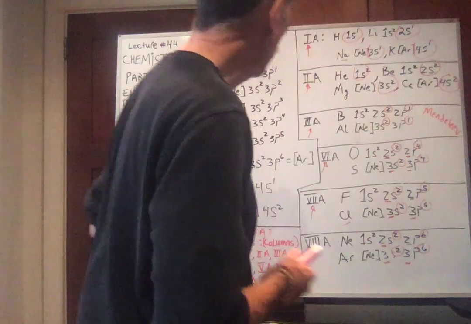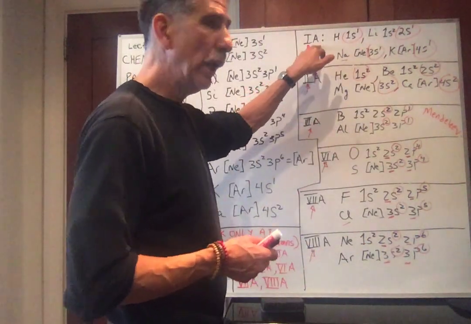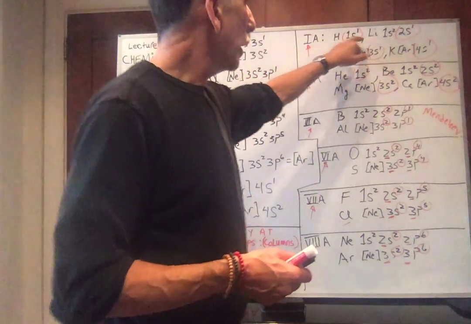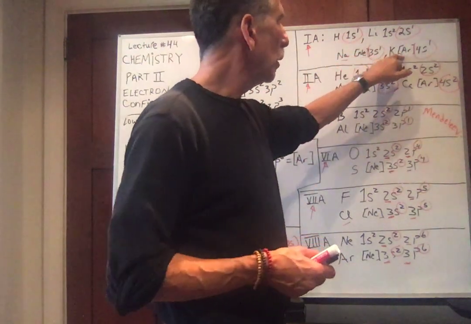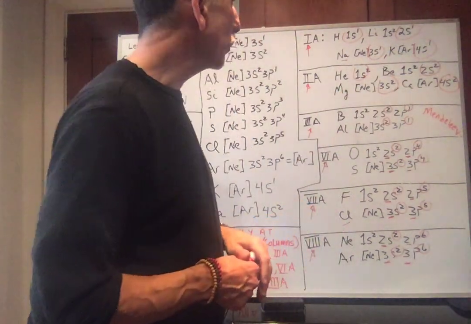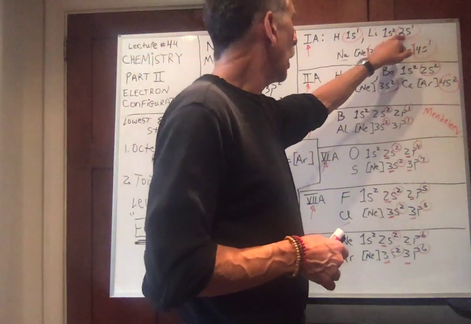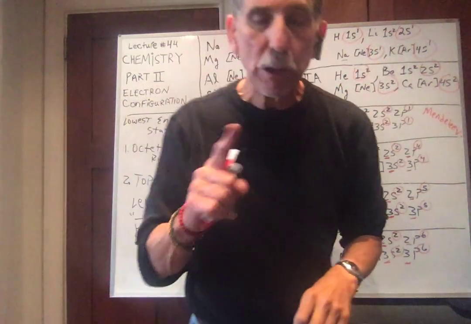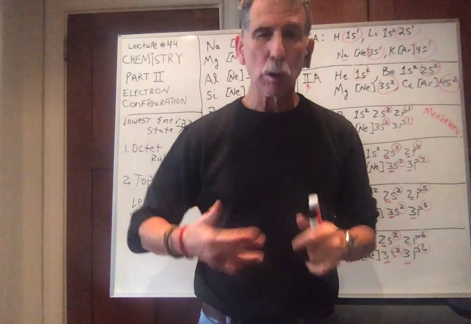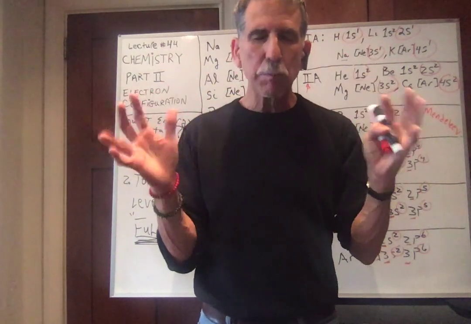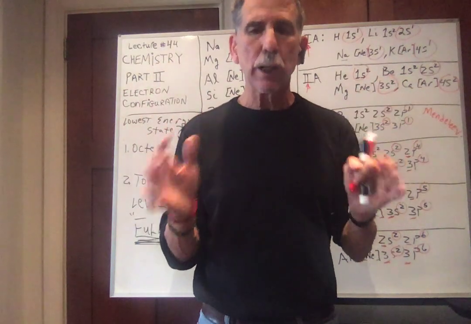So let's look at the 1A group. Let's skip hydrogen for a second. Let's look at lithium, sodium, and potassium. Lithium has one electron on the second floor. Remember, the second floor has 2 s's and 6 p's, so the second floor can hold 8 electrons.